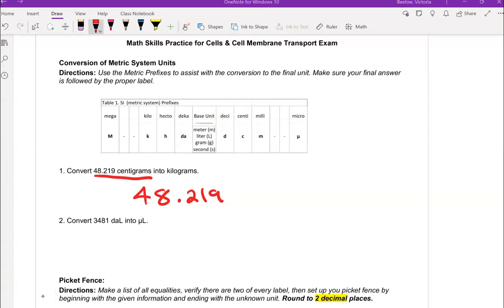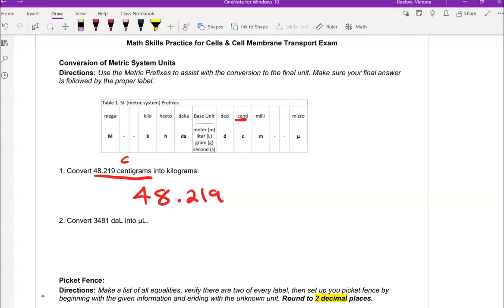So you can have milliseconds, milligrams, milliliters, millimeters, centiseconds, centigrams, centiliters, centimeters, kiloseconds, kilograms, kiloliters, kilometers, and so on and so forth. So I am going to be starting here at centi, because that's the prefix I'm given.